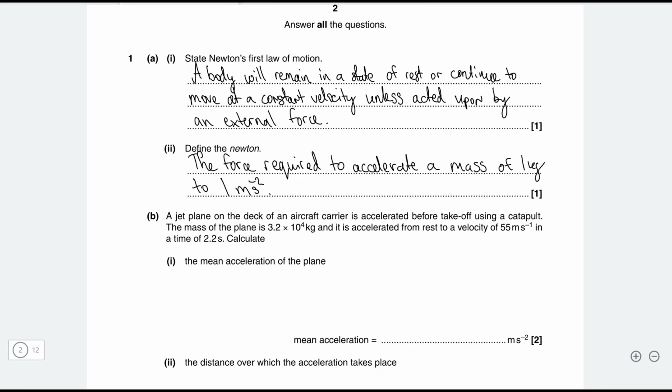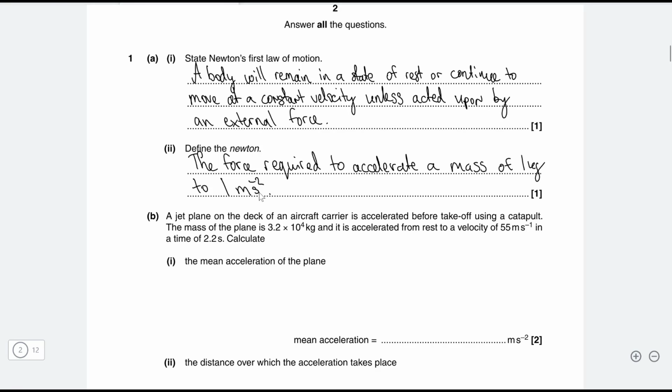Okay, so part 1a, state Newton's first law of motion. Remember, a body will remain in a state of rest or continue to move at a constant velocity unless there's an external force that is acting. Define the Newton: the force required to accelerate a mass of 1 kg at 1 meter per second squared.